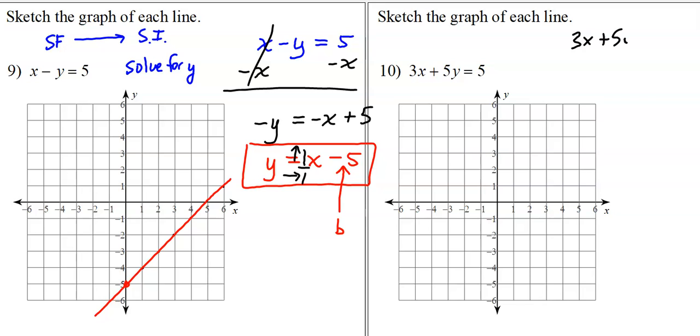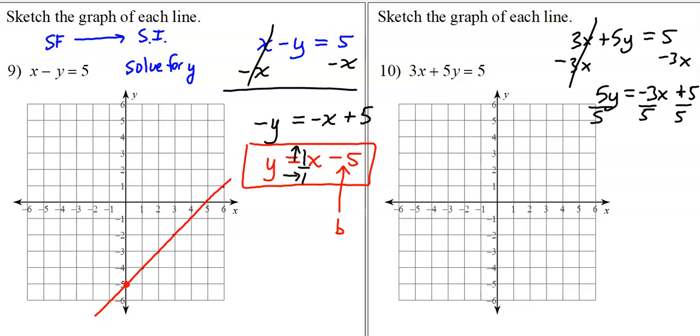3x plus 5y equals 5. Move the 3x to both sides. You're gone. Negative 3x in the front, positive 5 in the rear. Divide everybody by 5. Everybody by 5. And I get y equals negative 3/5 x. 5 divided by 5 is just 1.